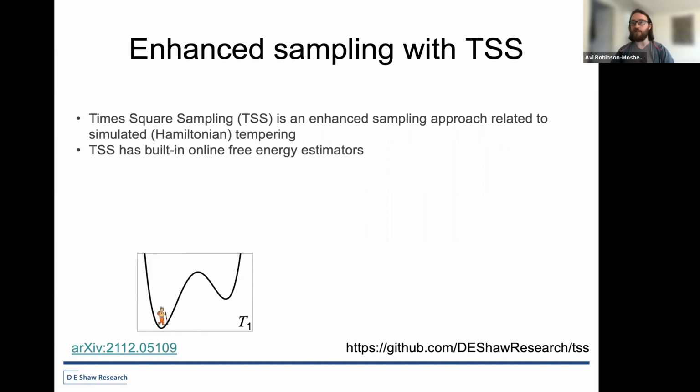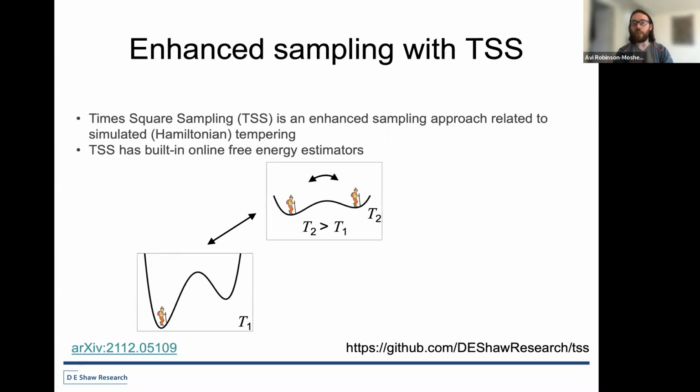If you're running at your physical temperature of interest, you're not easily going to cross the barrier and explore the other state. You may do it after running for a long time, but it's going to be very hard to get a simulation which has a correct balance between the two states. So if you can have your simulations explore a higher temperature T2, where the effective barrier between the two states is lower, then you get some equilibration between the two.